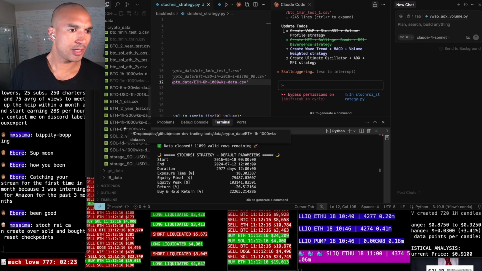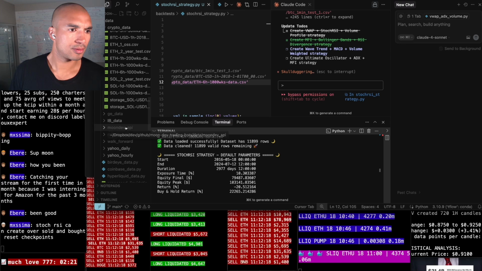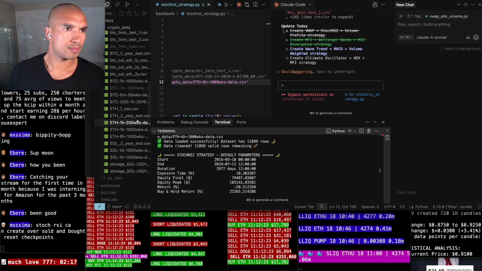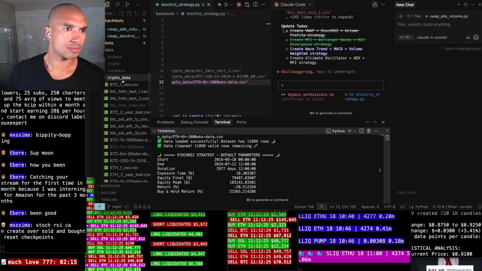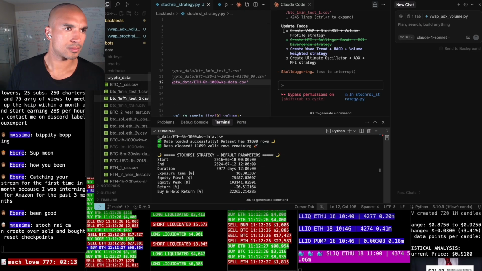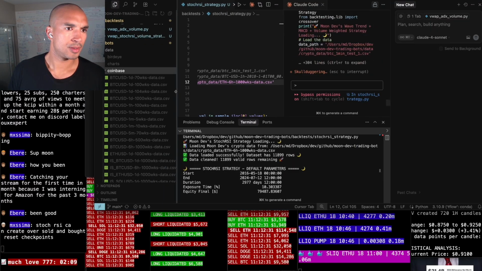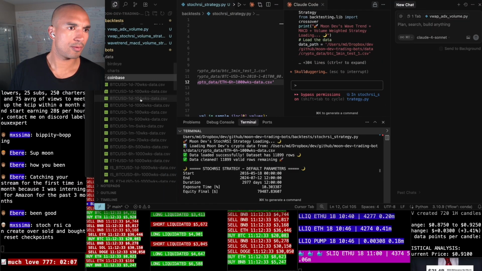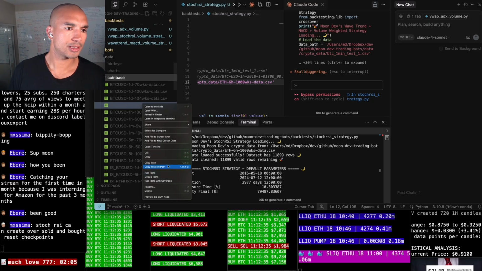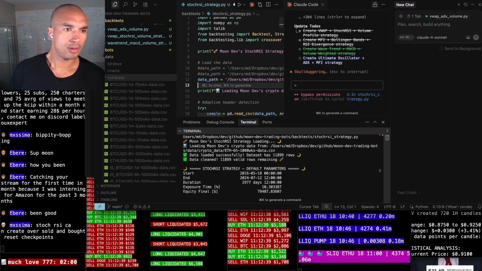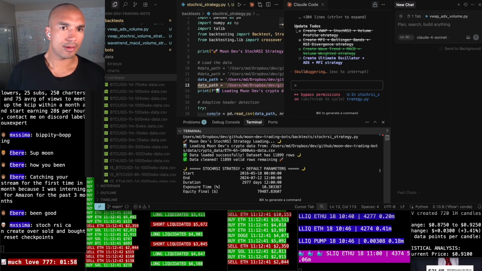So let's see if we have Coinbase data. This is one day data for 1,000 weeks. Copy path. Data path.